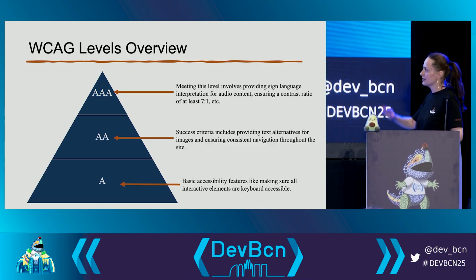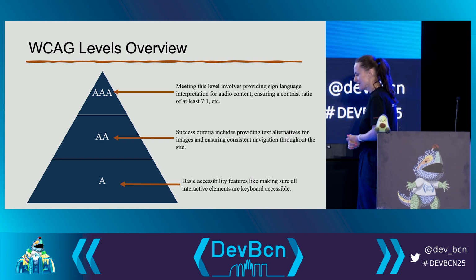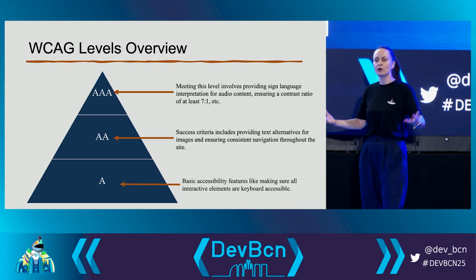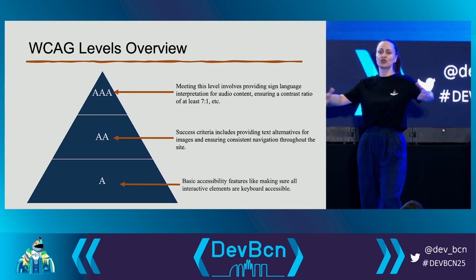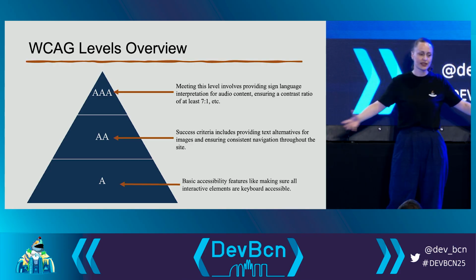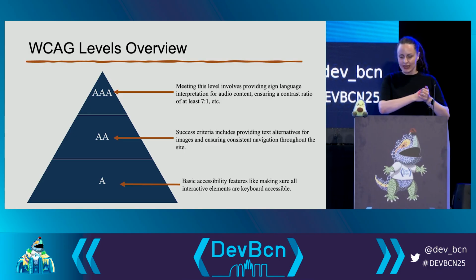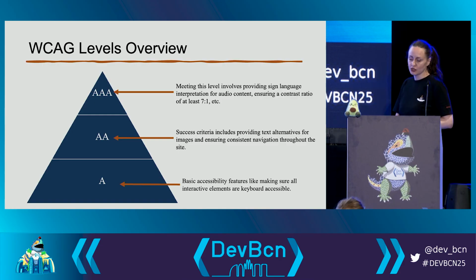And the last level, the AAA one, is not just AAA, it means it's hard to get. It also means that your software is going to be accessible to the majority of users out there. So that's how you should perceive AAA. It means that your website is going to be given to everybody that can access the internet.